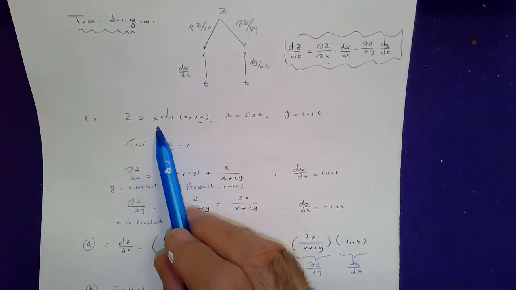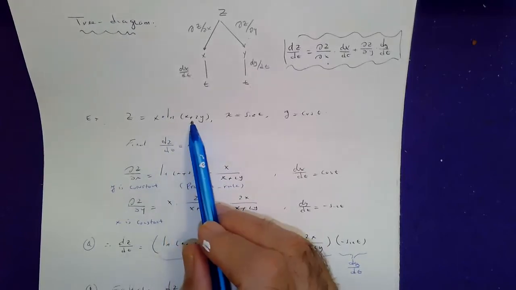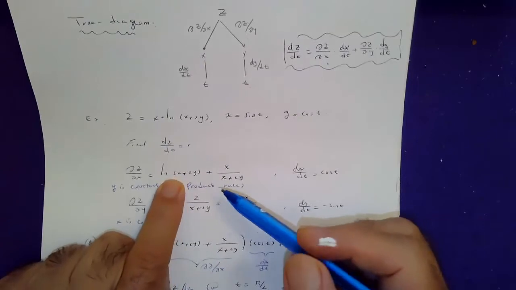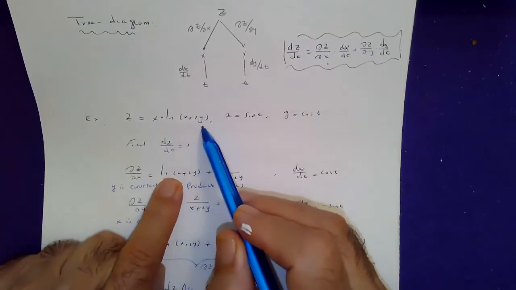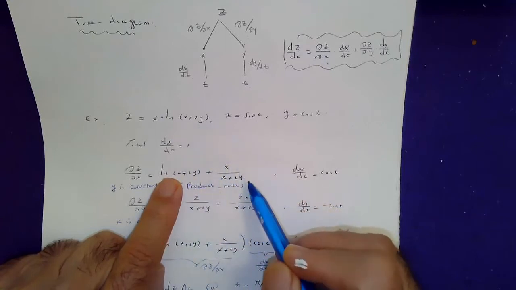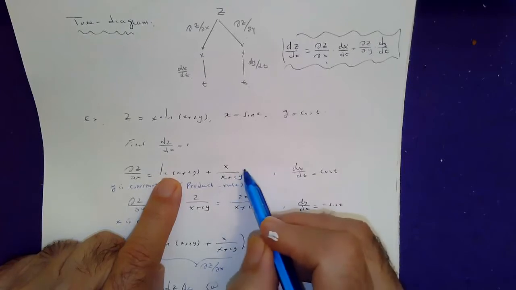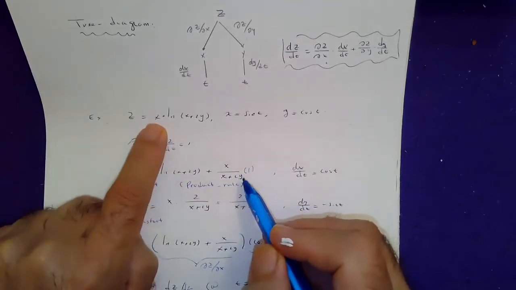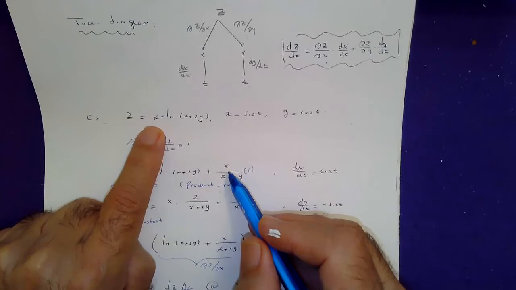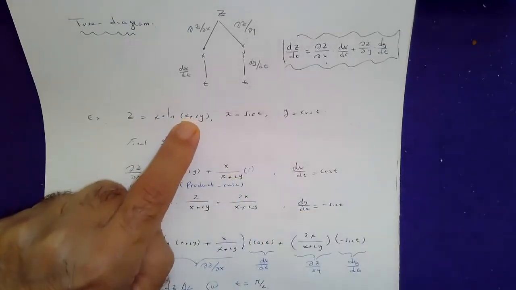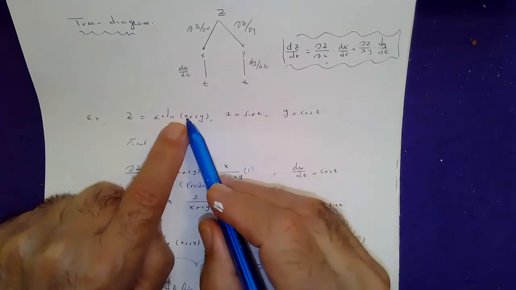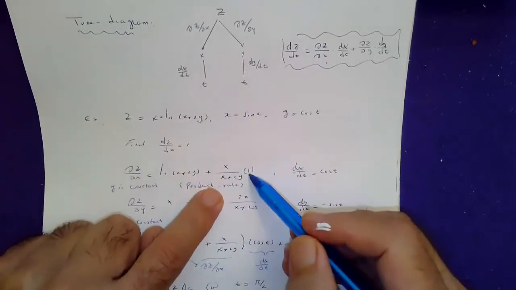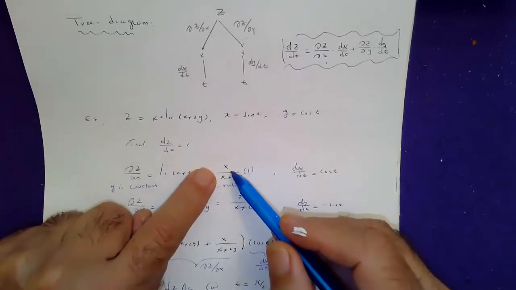So I take the derivative of the x, which is 1, times this, plus the derivative of the natural log of x plus 2y, which is 1 over x plus 2y times the derivative of x, which is 1, times the first term, which is x.